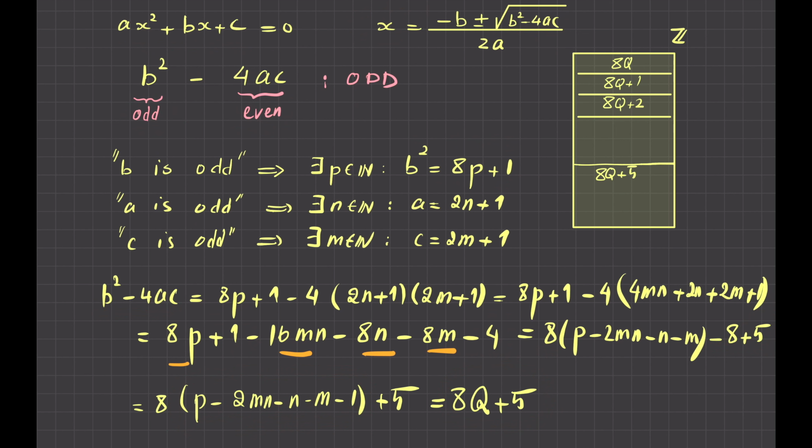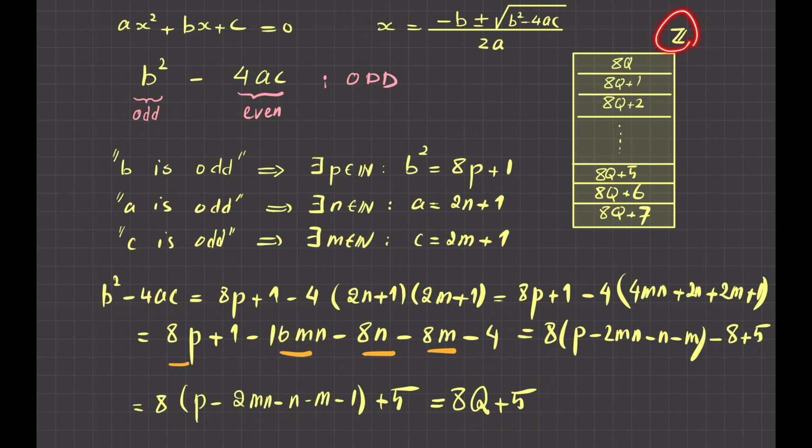I'm lazy to write all of them down. So the next one is 8q plus 6, and finally 8q plus 7. Okay, so these are the possibilities when you use the division algorithm.